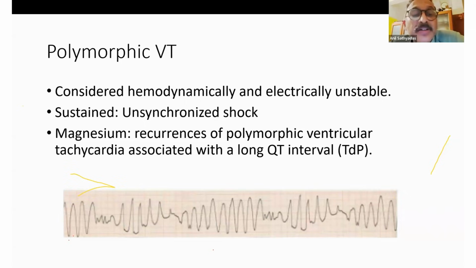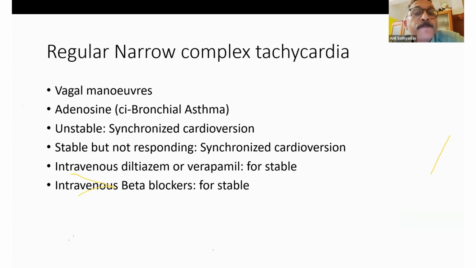So your treatment is always shock. That is an unsynchronized shock, because you don't have a typical QRS for the machine to identify, so you cannot sync here. You always give an unsynchronized shock for polymorphic VT. And you might think of magnesium also if you have Torsades de pointes.